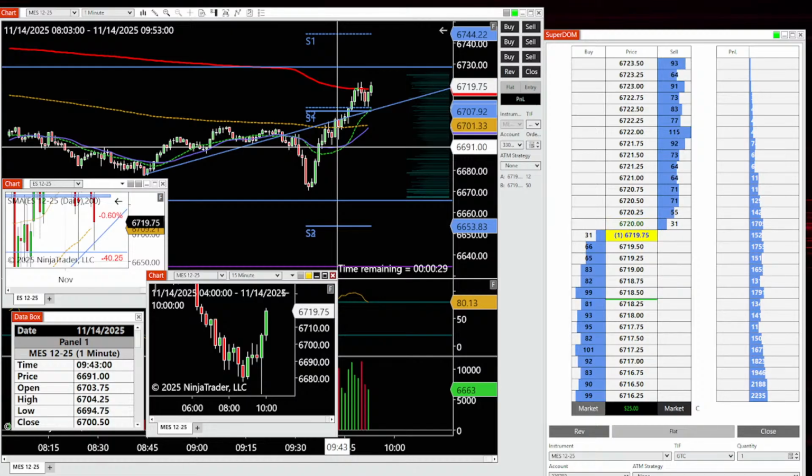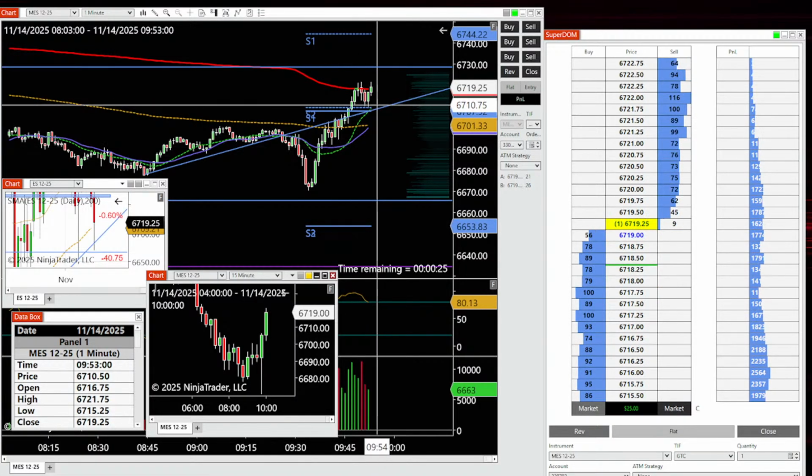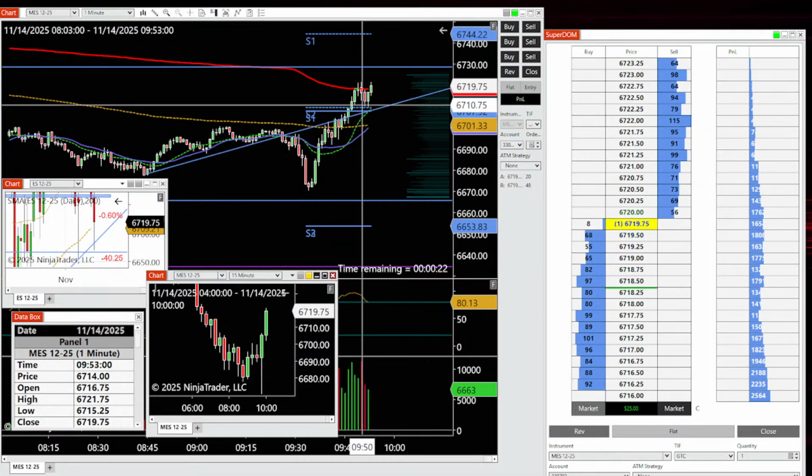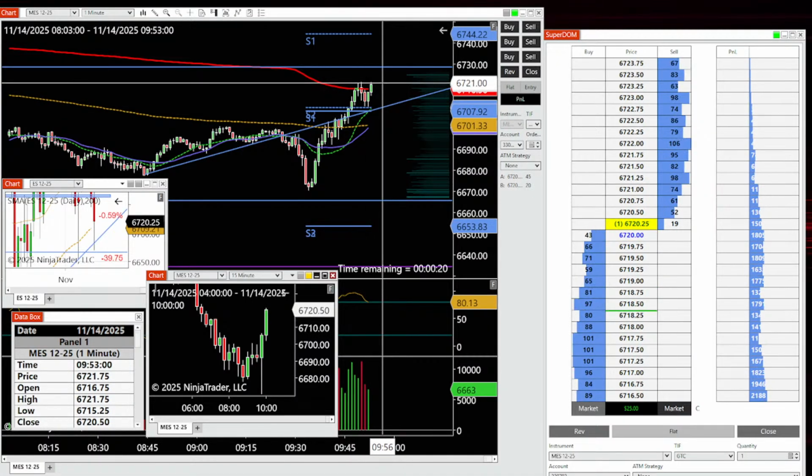Still testing the 20. Still testing the 20. I want to see a bigger, longer consolidation for the continuation.